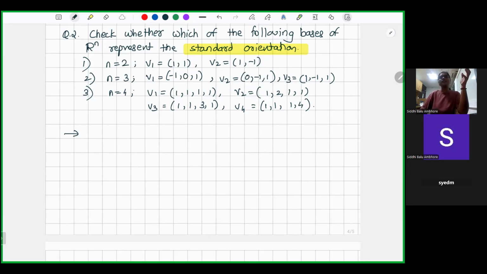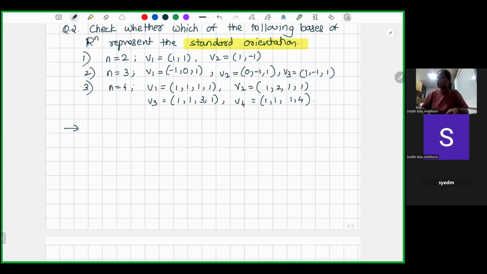So for example, in Rn, the standard basis, the basis Ei with e1 equal to (1, 0, 0, ..., 0), e2 equal to (0, 1, 0, ..., 0), and so on, is considered as a positively oriented basis of Rn.